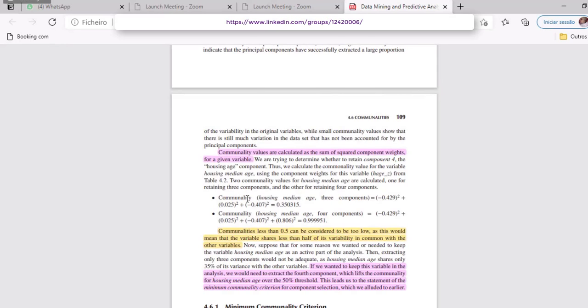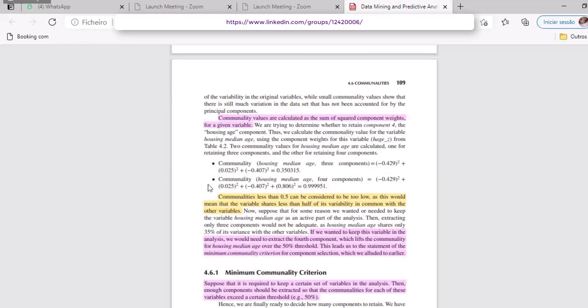For example, the communality of house median age, with these weights in 3 components, is 0.35 more or less, and the communality of housing median age with 4 components is almost 99%.